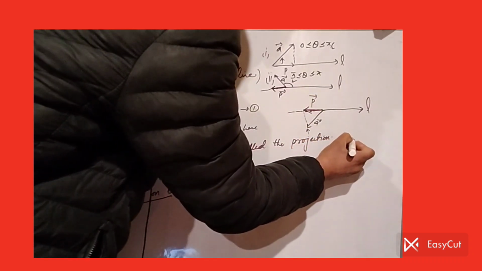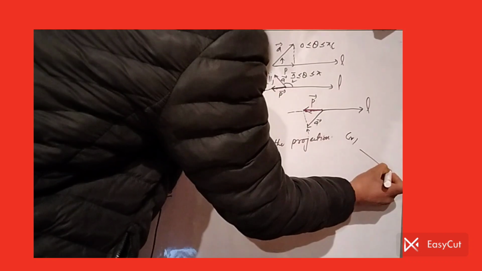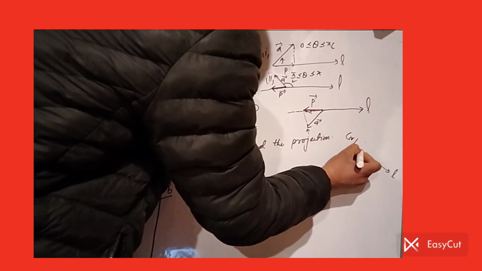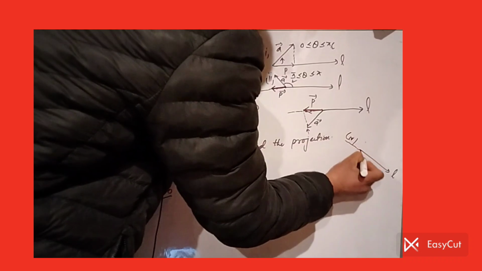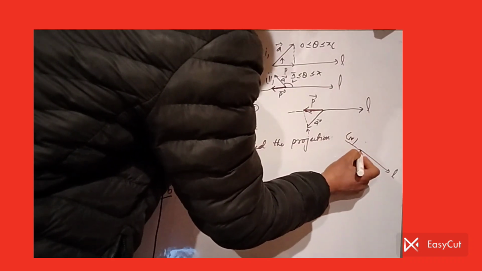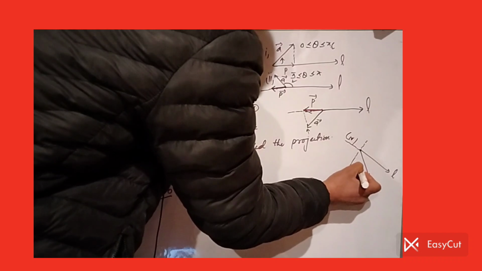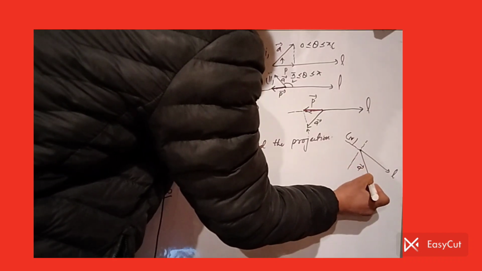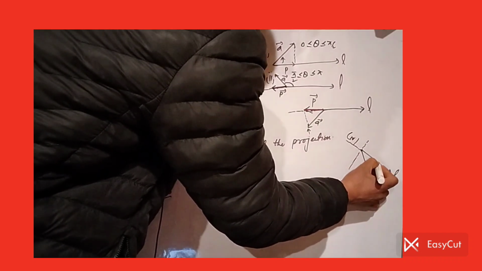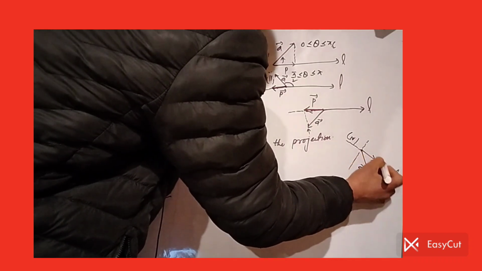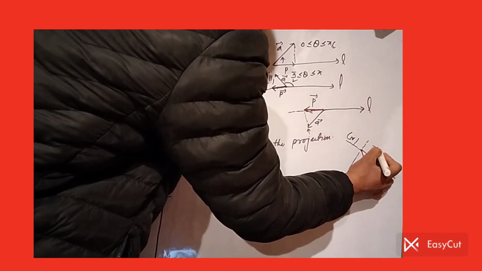And in the fourth case, if this is your directed line and this is our vector A, that means in the fourth quadrant this is vector A. If we put a torch here, the shadow must be somewhere here, so its direction must be in the direction of this directed line.